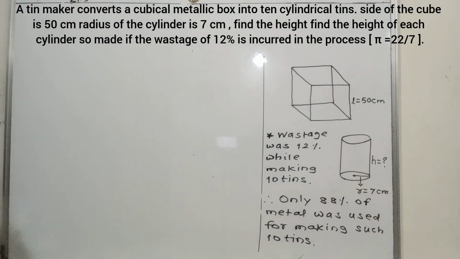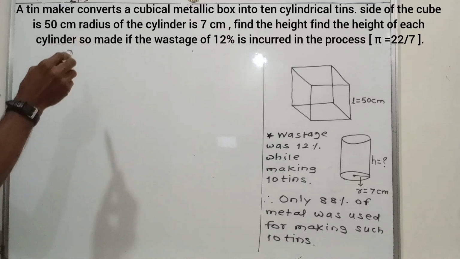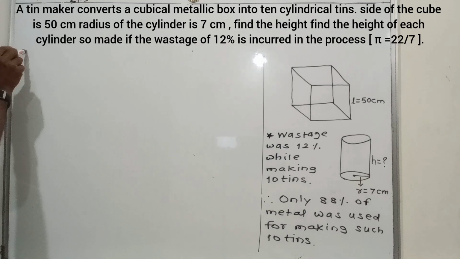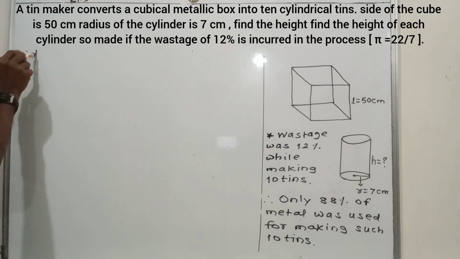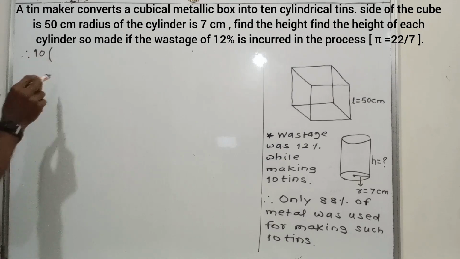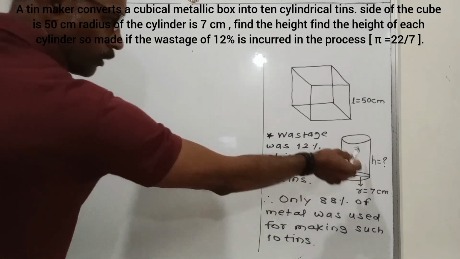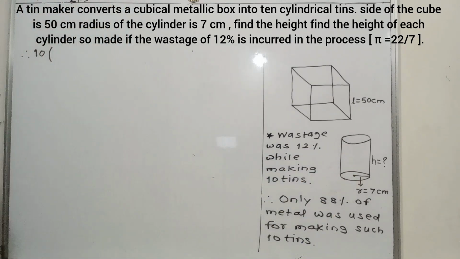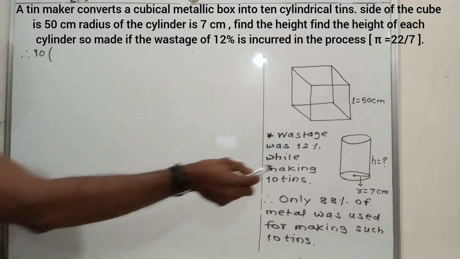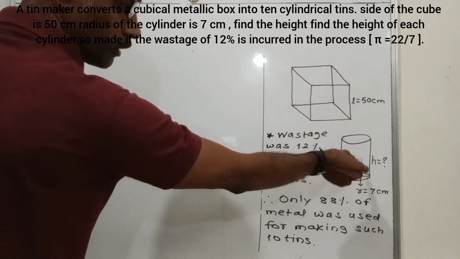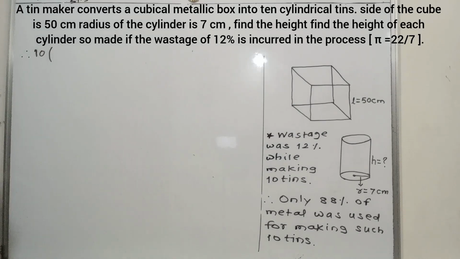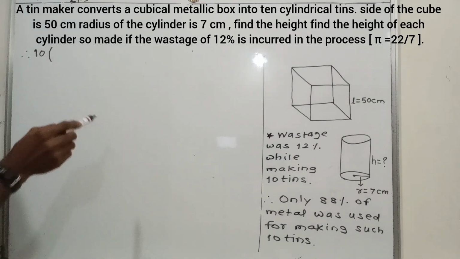Did you get it? Therefore, see this carefully. Therefore, we write here 10 into, see this, that maker makes such a type of 10 cylindrical tins.